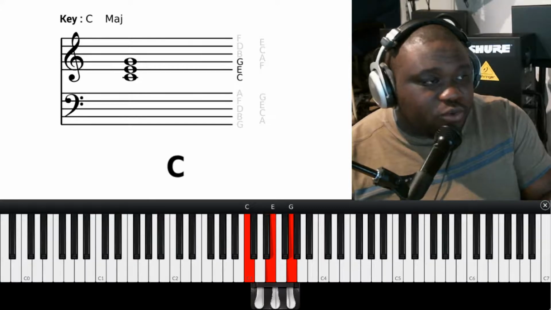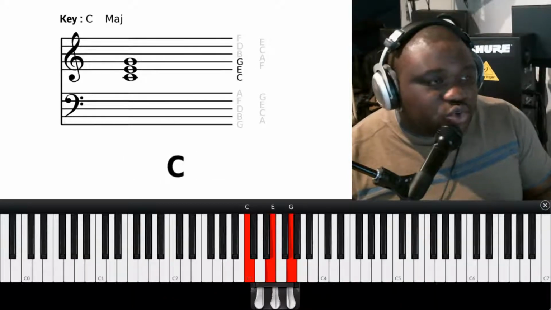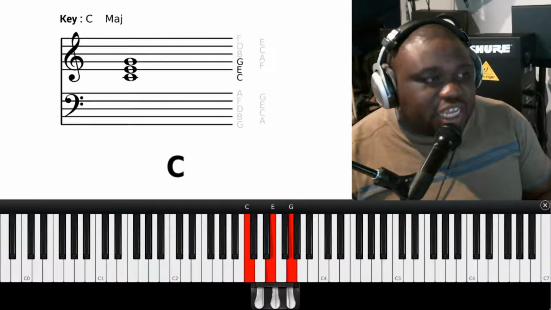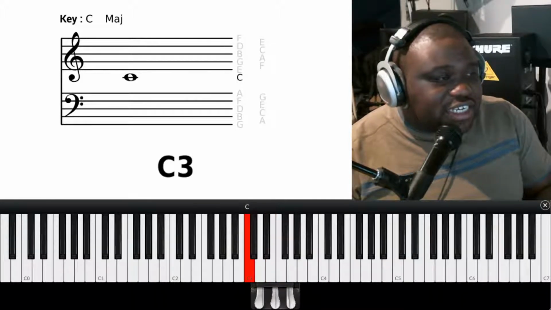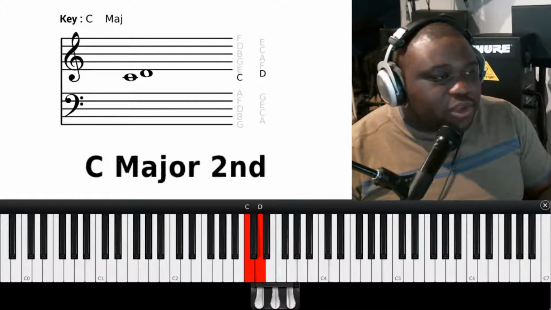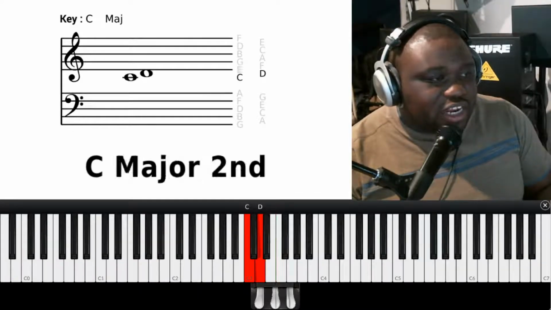A whole step down will be 1 and 2 here, okay? And so that suspended 2 would mean that we are now going to play the C and the D. We are not playing this anymore because it has been removed. It has been suspended. We have eliminated it.